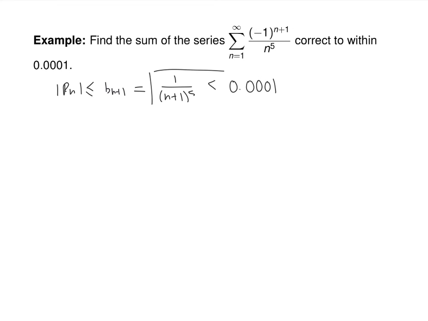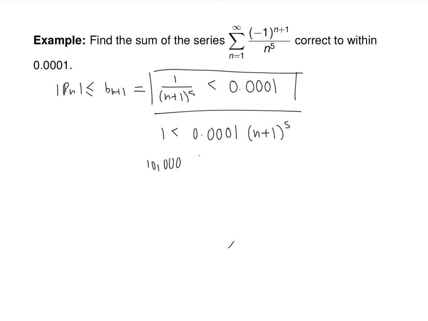So then solve this inequality for n. 1 is less than 0.0001 times n plus 1 to the 5th. Dividing both sides, we get 10,000 is less than n plus 1 to the 5th. Taking the 5th root, we got about 6.3 is less than n plus 1. And so 5.3 is less than n. So n has to be bigger than or equal to 6.